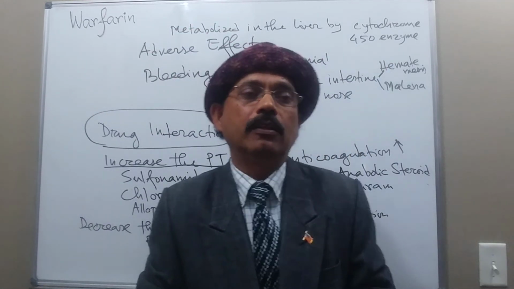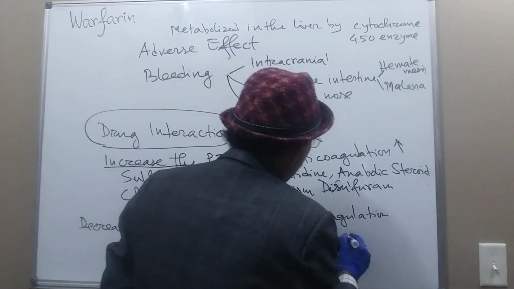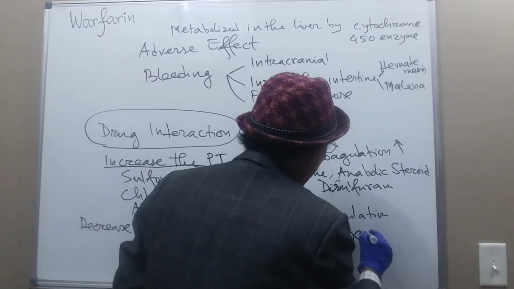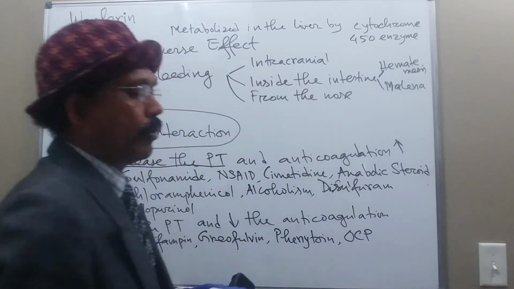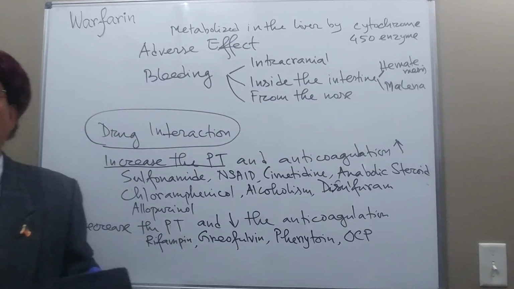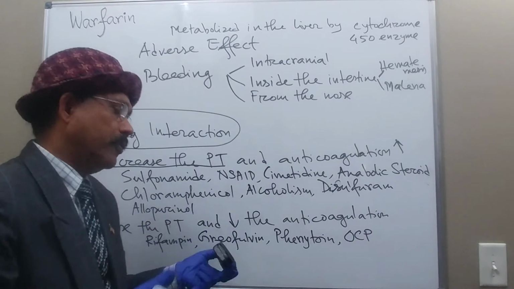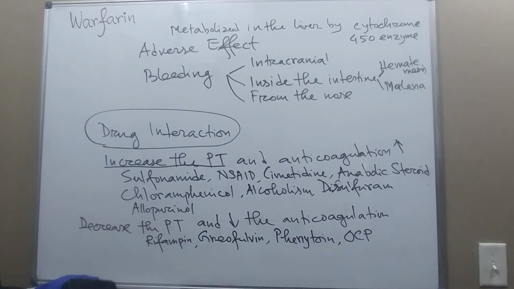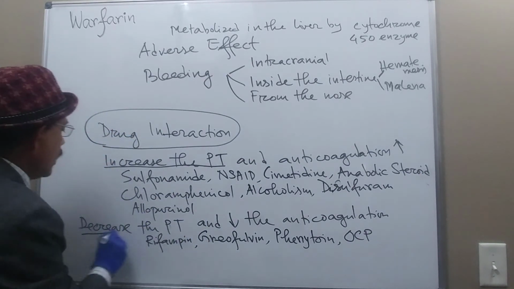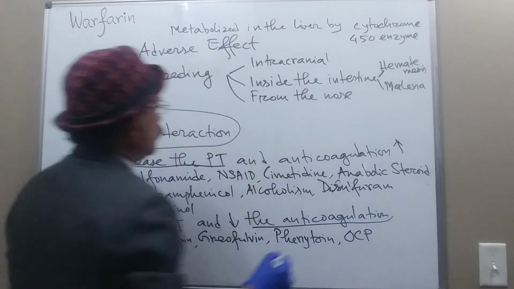Another drug like glutethimide, and certainly other drugs like OCP, or oral contraceptive pill, and cholestyramine, an anti-bile acid drug. They will decrease the PT and decrease the anticoagulation.